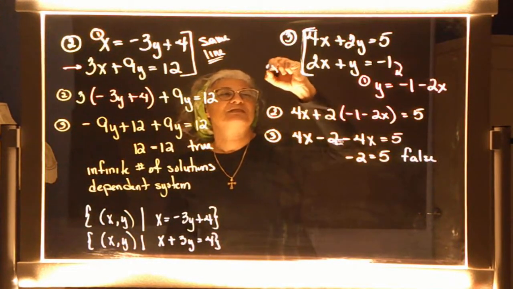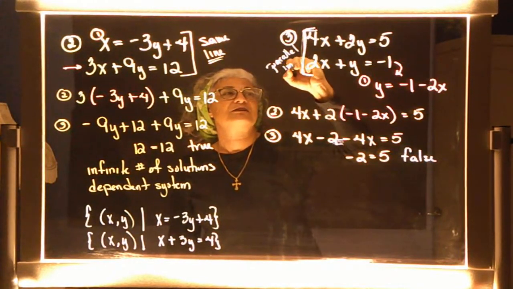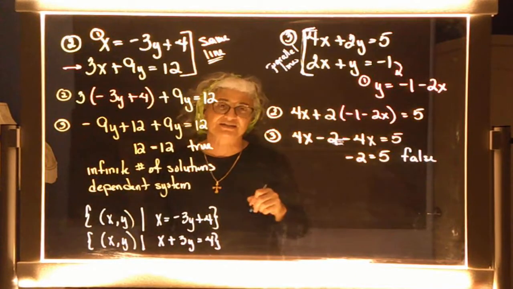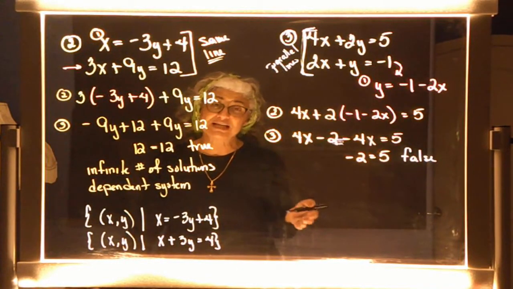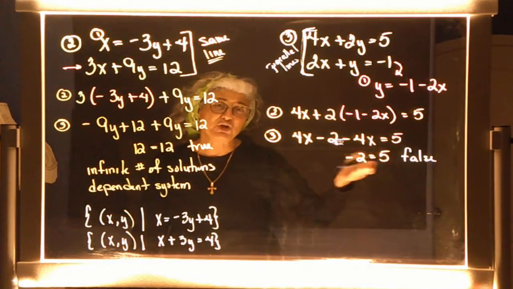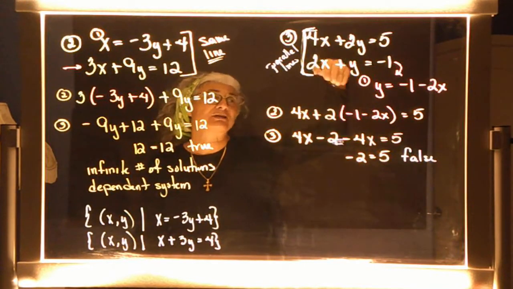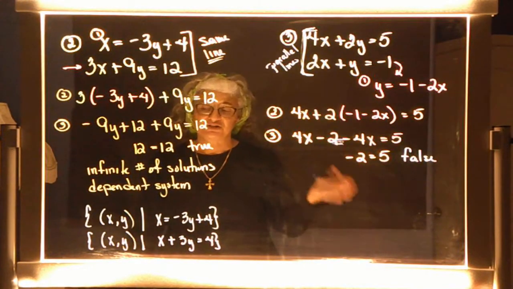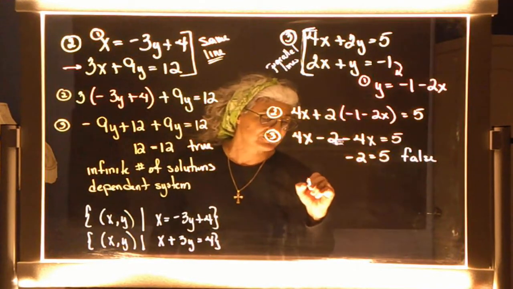Yeah, these two lines would be considered parallel lines because they're not intersecting. Got it? They're not crossing each other. They're not touching each other. I have a false statement here. That means there's no way that I am going to get an x and a y that work in both those equations. So, what solution? Yeah, there's no solution here.